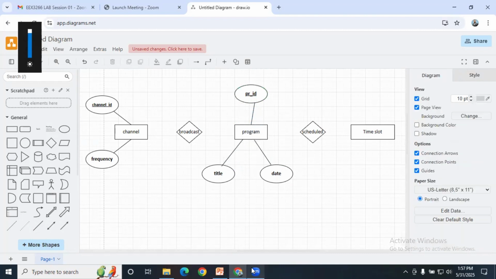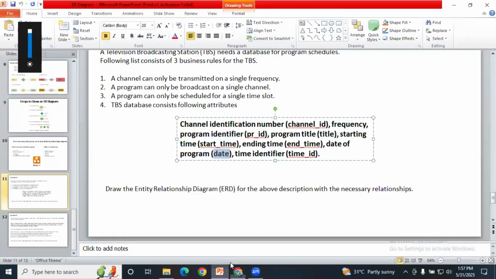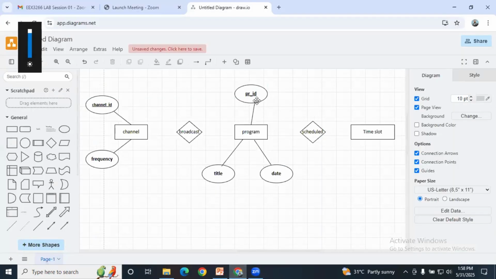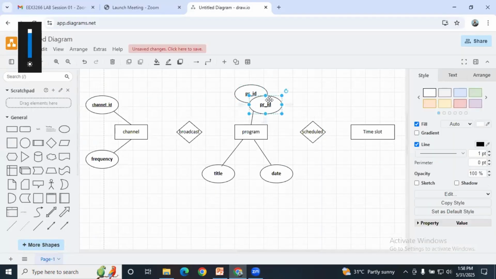Okay. So tell me the last thing, time slot. What are the attributes that go for the time slot? Tell me what is the primary key, or what is the unique time ID? Yes. Then what are the next attributes? Ending time and starting time. So we can get the attributes like this.